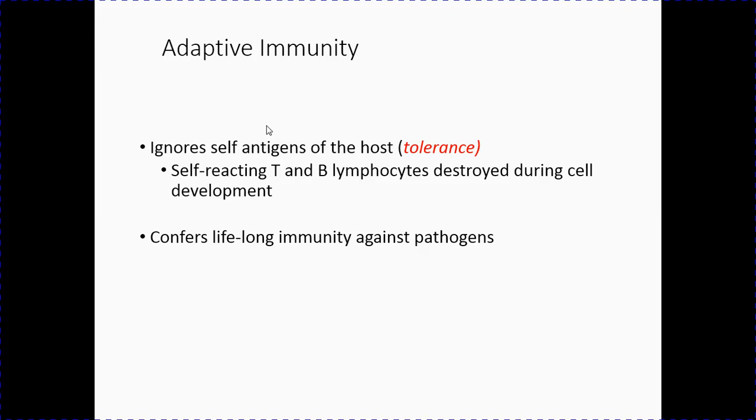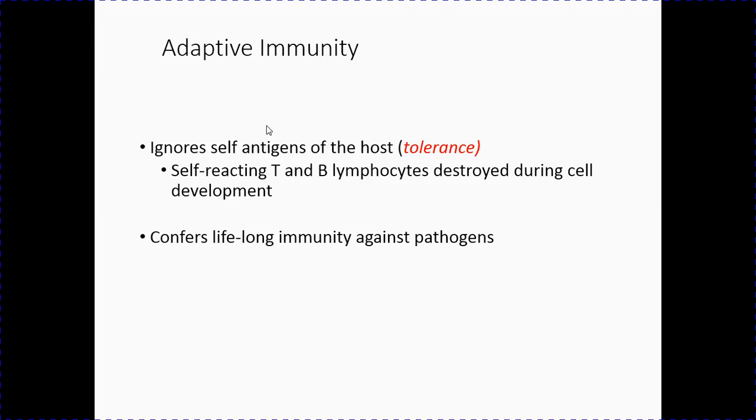We're going to see as we talk about the maturing or the differentiation of T and B cells that if the cells that are developing either react with self-antigens or don't react with other components properly of the immune system or of the developing cells, those cells are killed by apoptosis.